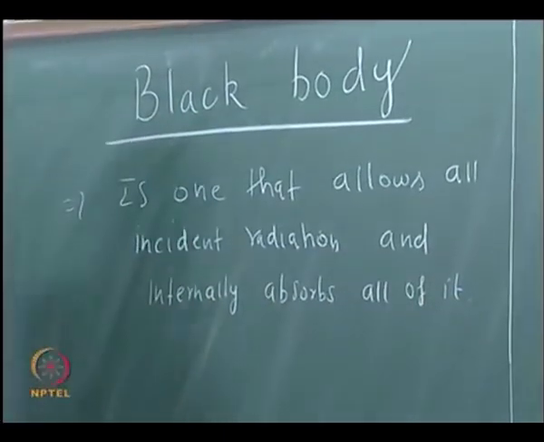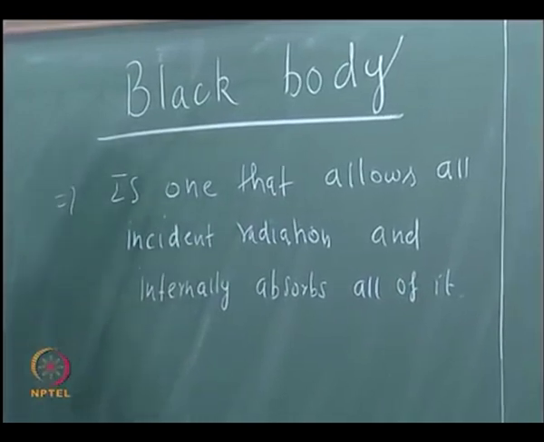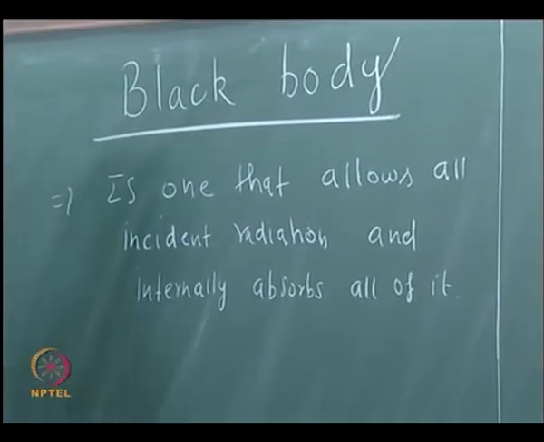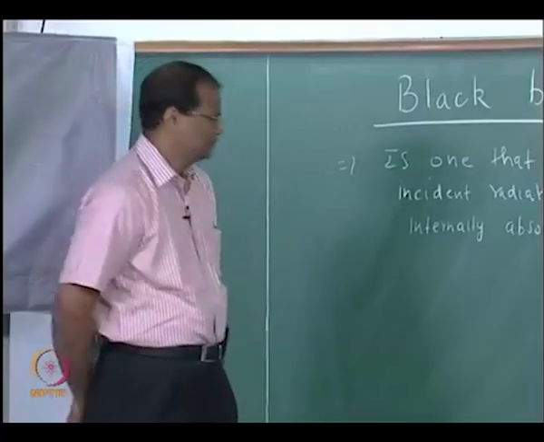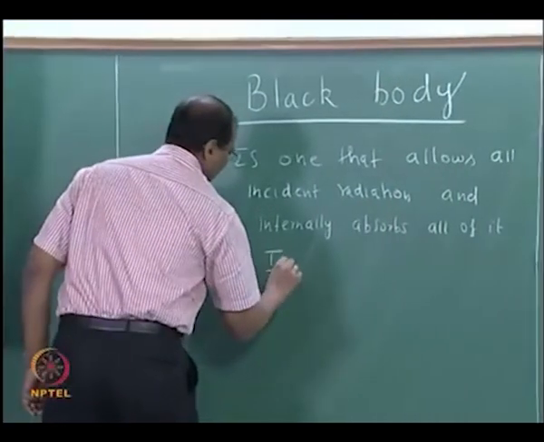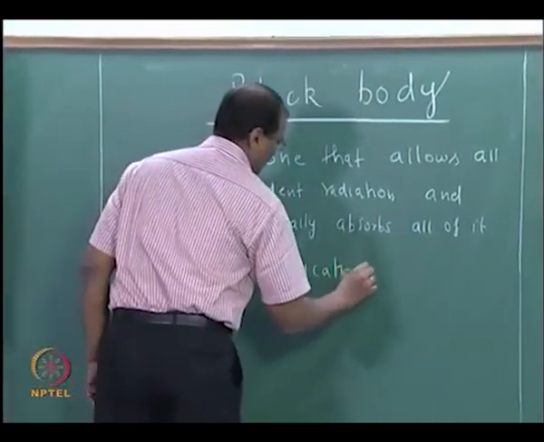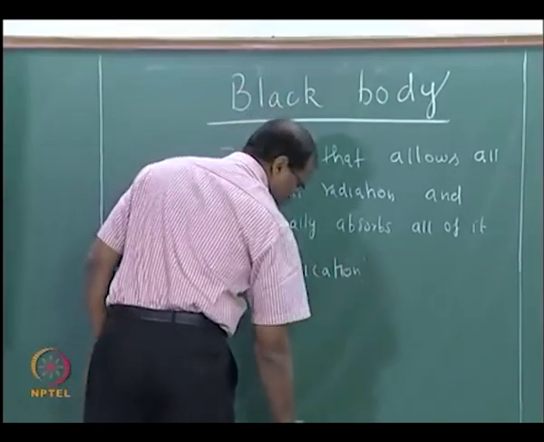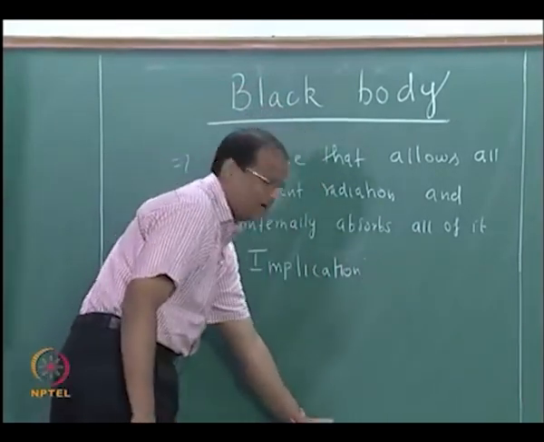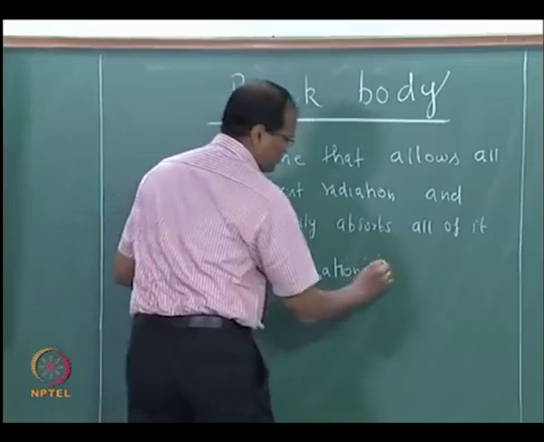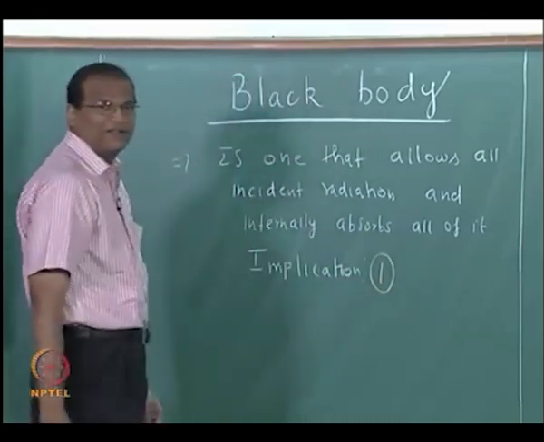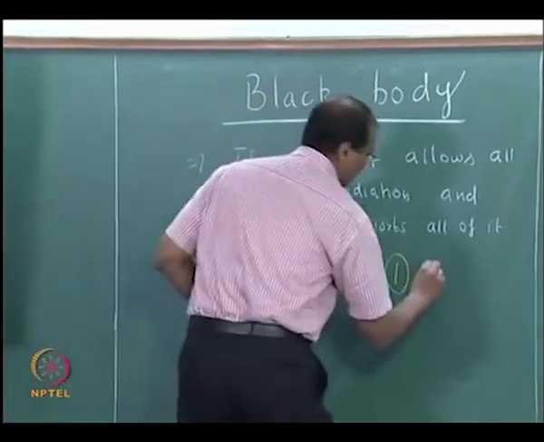So black body is one that allows all incident radiation and internally absorbs all of it, okay. We will use some color. If it is too bad, you tell me, okay.